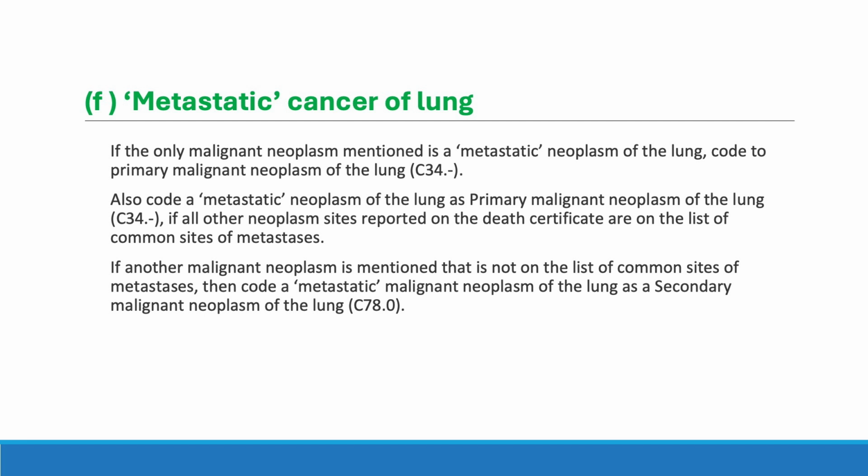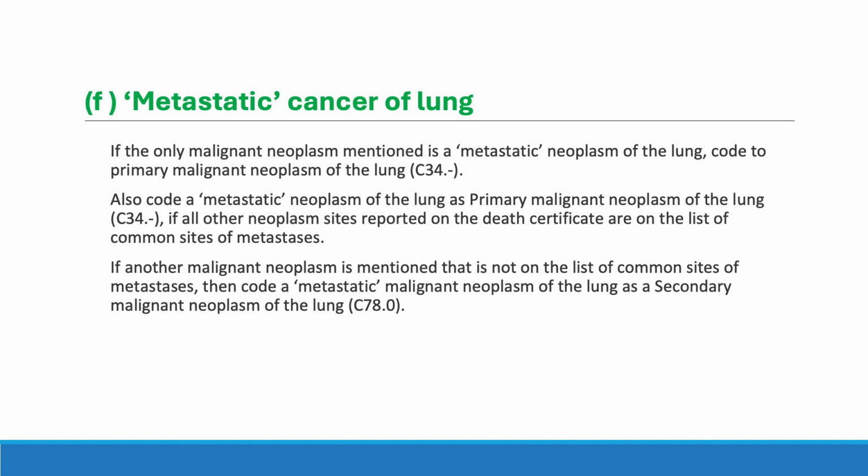This slide outlines how to properly code lung cancer when it is described as metastatic on a death certificate or medical record in 3 scenarios. First, when metastatic cancer of the lung is the only malignant neoplasm mentioned, it should be coded as primary lung cancer, that is C34.